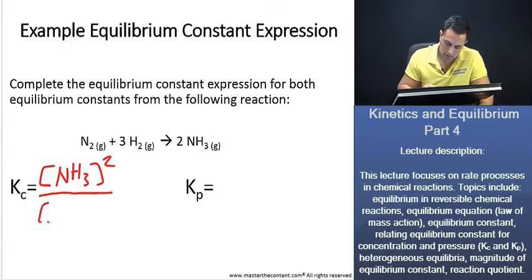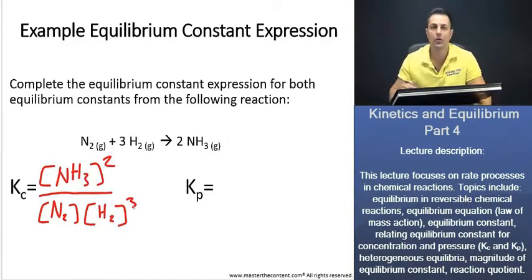Now, in our reactant side, we have here nitrogen, right? And we also have here hydrogen, and it's going to be raised to the third power. Exactly. Wonderful. So now we also have to do one more here for pressures. When working with pressures, we just put a P here to demonstrate that.